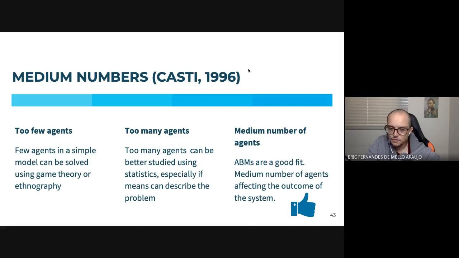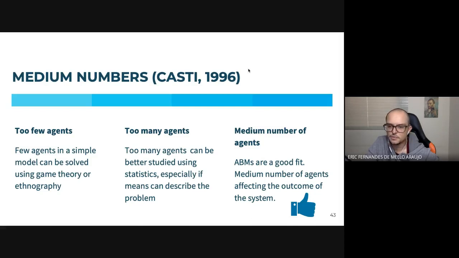If you have too few agents and your model is too simple, maybe you could use just game theory or ethnography. You could solve that problem using other methods instead of an agent-based model. Maybe an agent-based model is like using a huge weapon just to kill an ant.